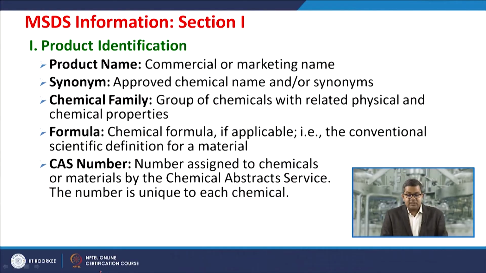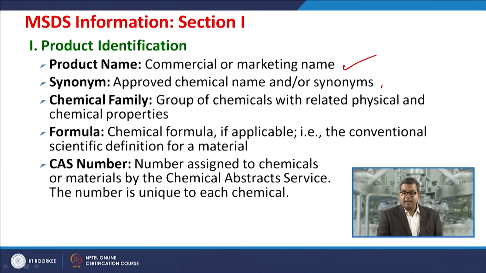The first section deals with product identification, and the different items are the product name and the commercial or marketing name. This is just like NaCl. Usually we purchase NaCl in the form of common salt or table salt, so that is the commercial or marketing name, but scientifically it is available as sodium chloride.